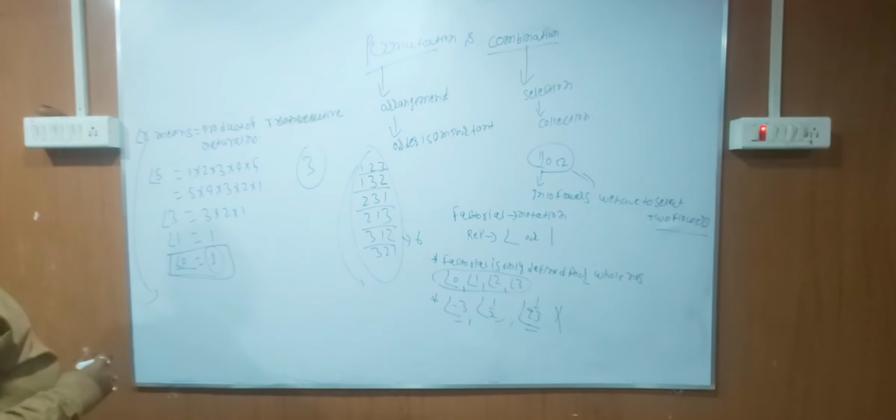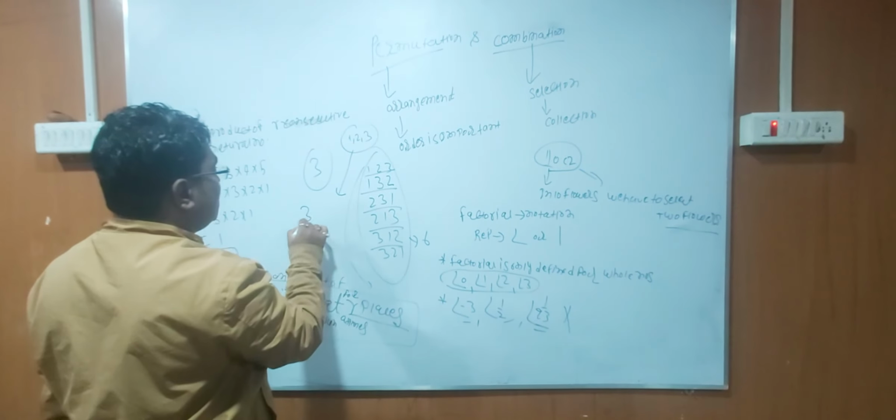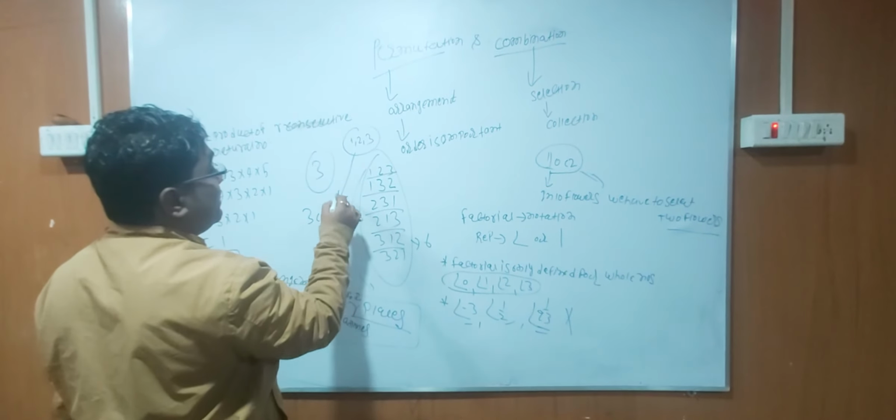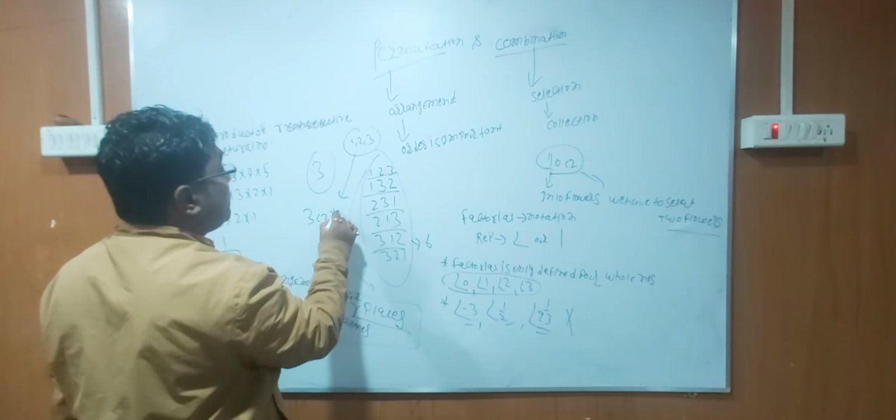Like we have digits 1 2 3 and we have to make a 3-digit number, so we have to select all 3 digits, which is 3C3, and arrange them in factorial 3 ways. One thing is arranged in factorial 1 ways, two things in factorial 2 ways, then 3 things will be arranged in factorial 3 ways.